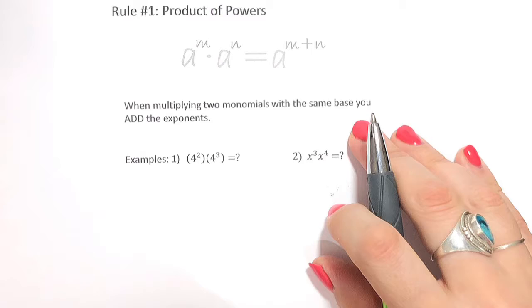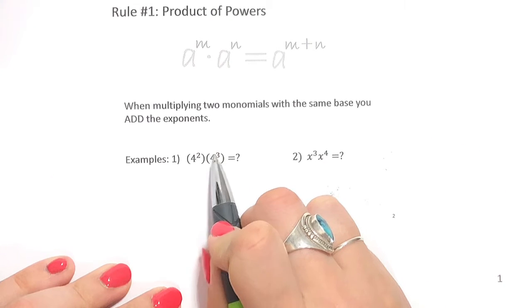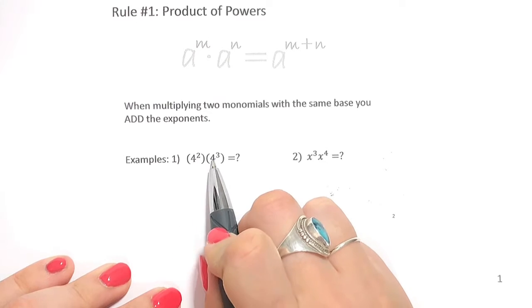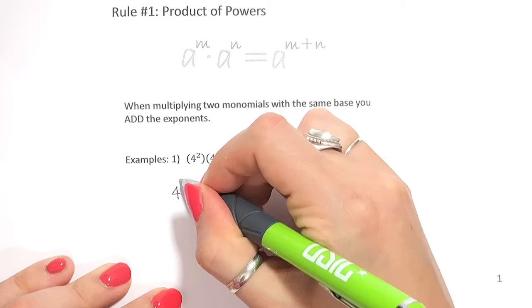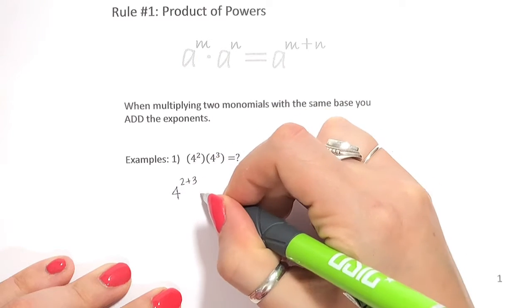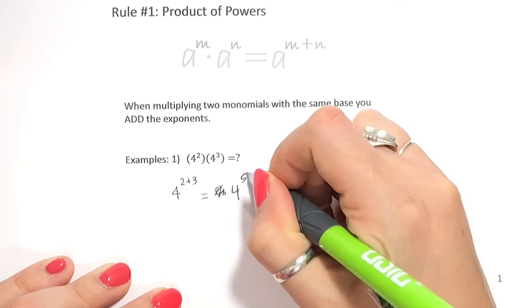For example, if I have 4 squared and I'm multiplying it by 4 cubed, they both have a base of 4. So that means we can take the 2 and add the 3 and we get 4 to the 5th.